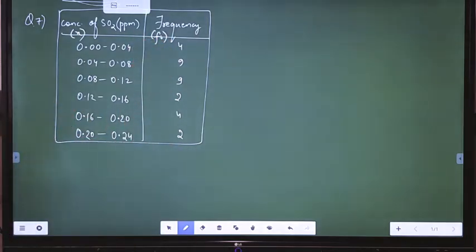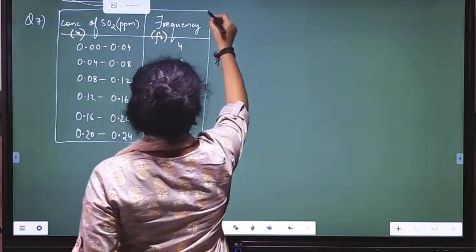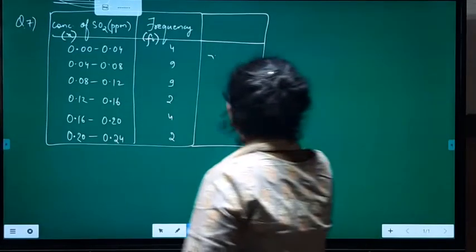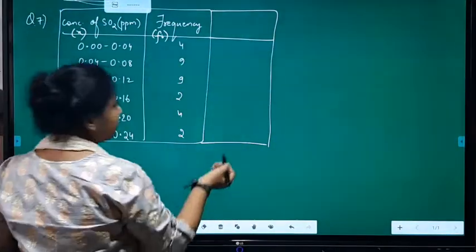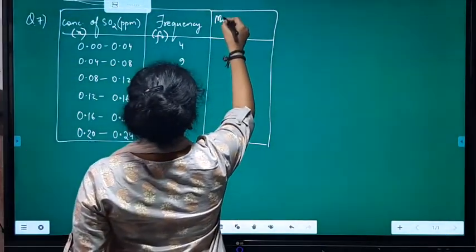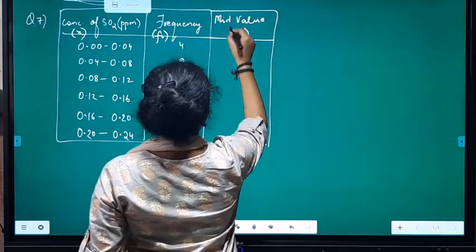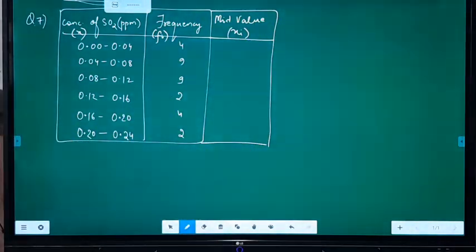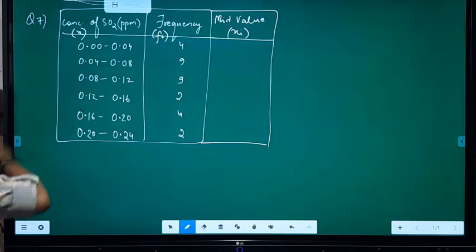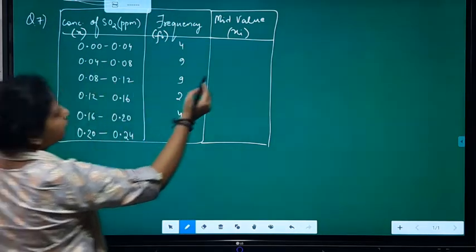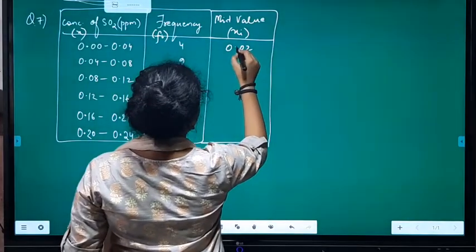Next we have to find the mid value. How do we find the mid value? We know how to find the mid values. We have done this so many times now. We consider the mid value as xi. Lower limit plus upper limit by 2. So, 0.00 plus 0.04 by 2 gives us 0.02.